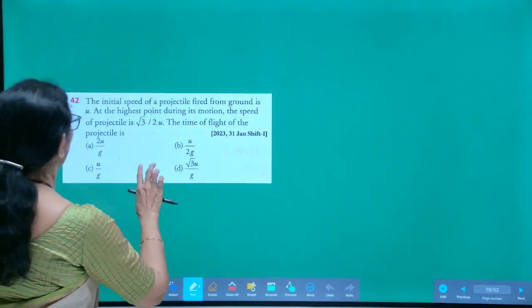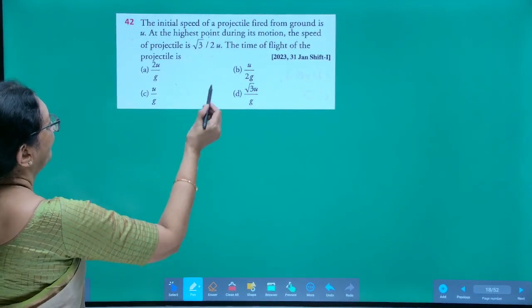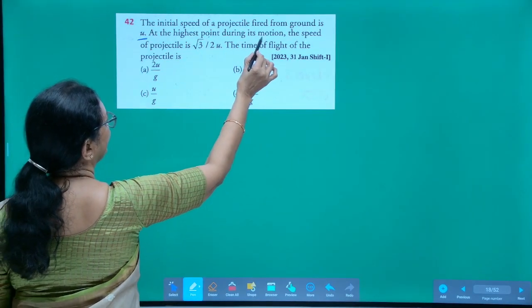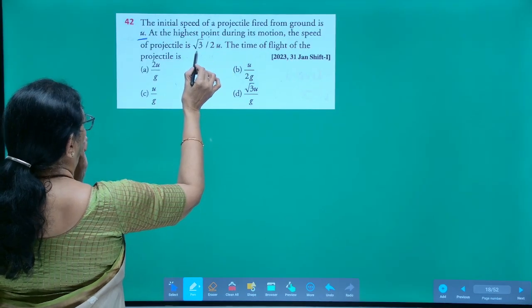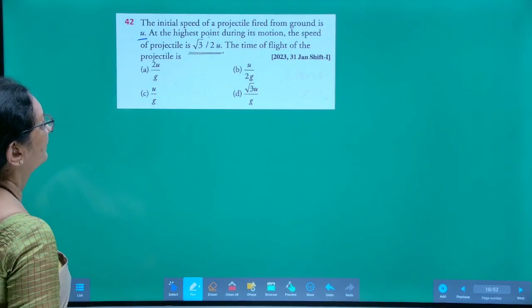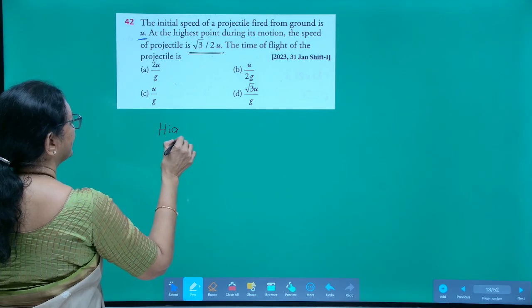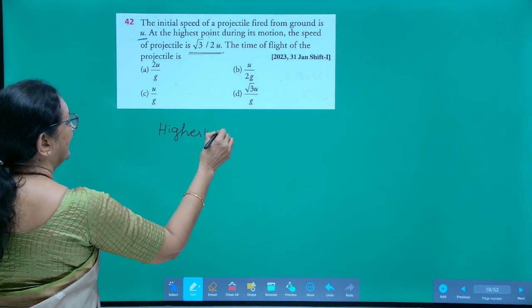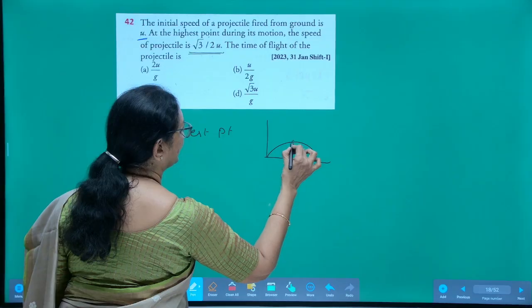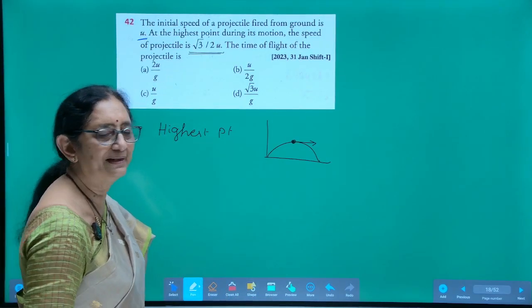Look here, the initial speed of a projectile fired from the ground is u. At the highest point of its motion, speed of the projectile is root 3 by 2 u. Find the time of flight of the projectile. Actually, in case of a projectile, at the highest point, vertical component of velocity is 0.